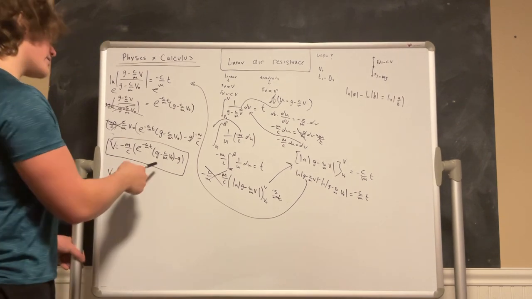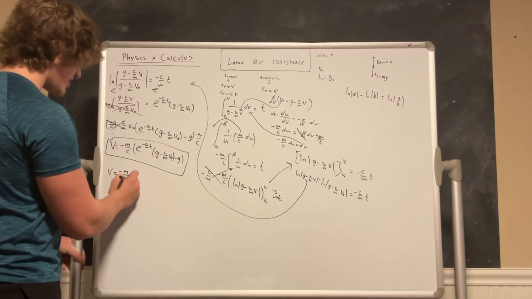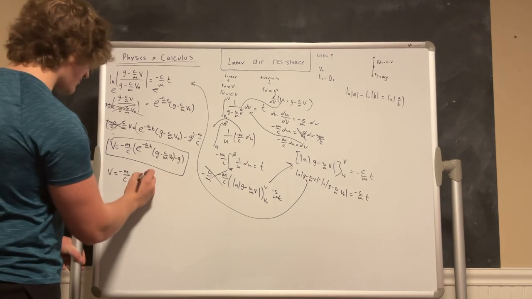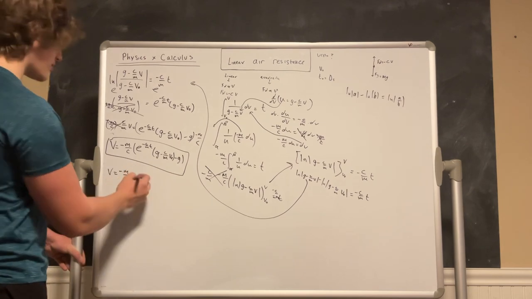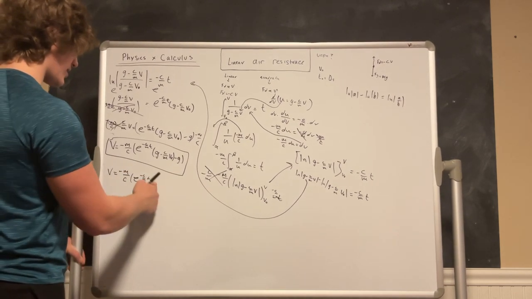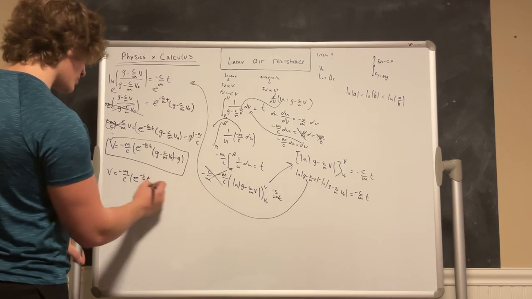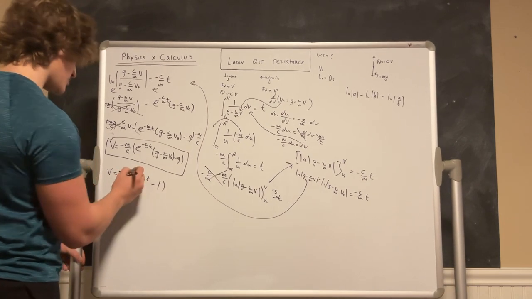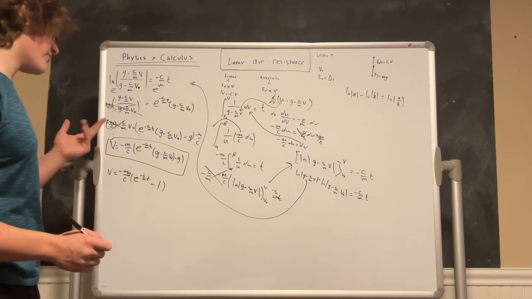When you plug in 0 for v sub 0, you get negative m over c times e to the negative c over m t, multiplied by g minus g. So that just means this minus 1 times g is equal to our velocity with an initial velocity of 0.